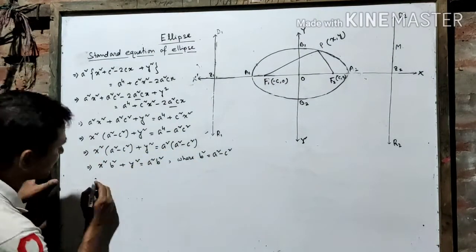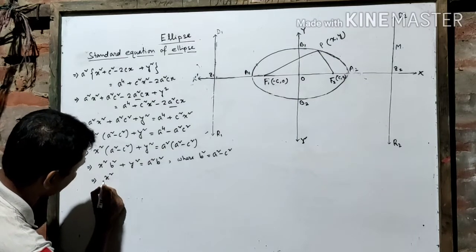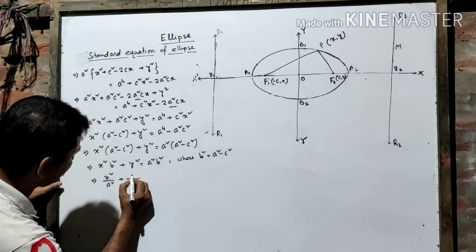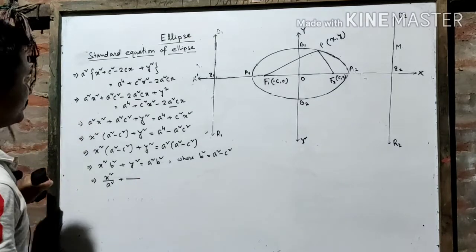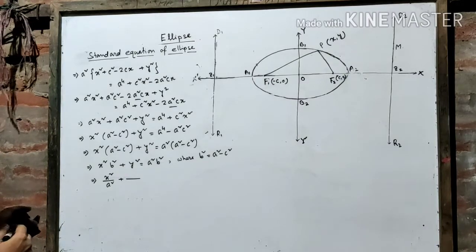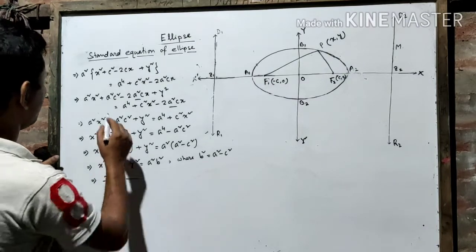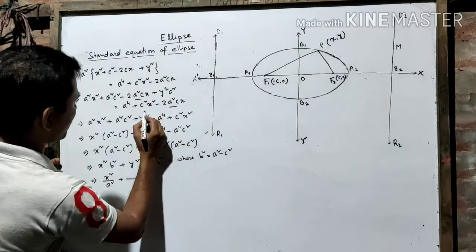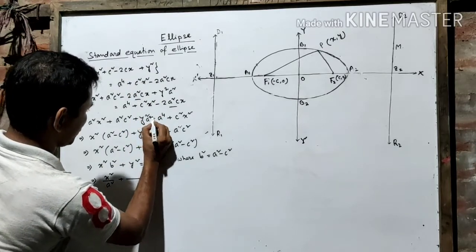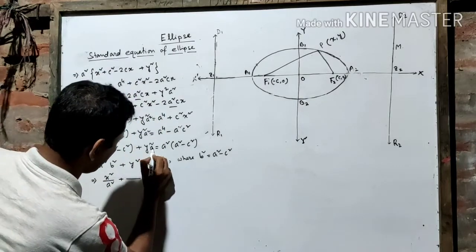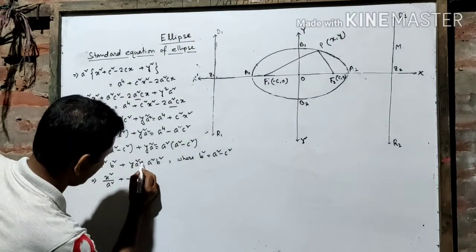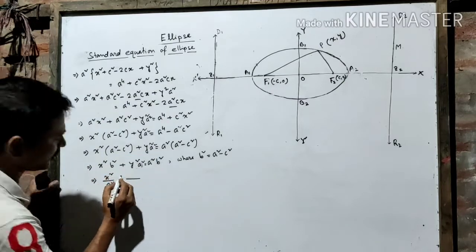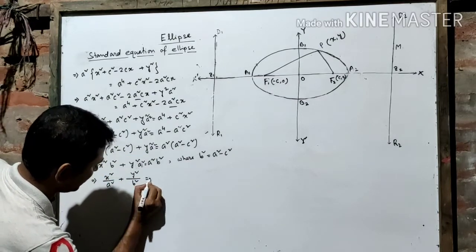Then dividing both sides by a square b square, this will be x square by a square, b square cancel, plus a square y square by a square b square, so this will be y square by b square is equal to 1.